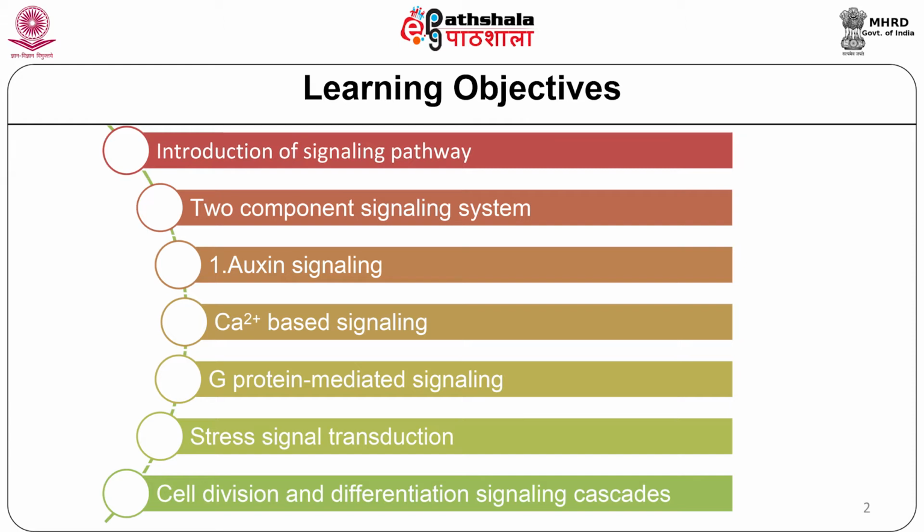Plants have signaling pathways involving the hydrolysis of phosphatidylinositol 4,5-bisphosphate by plasma membrane associated phospholipase.